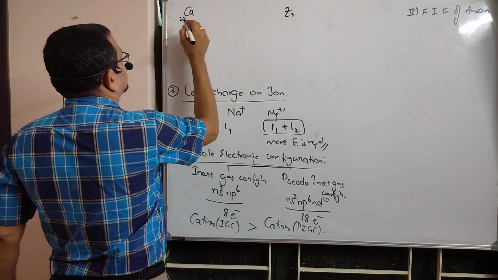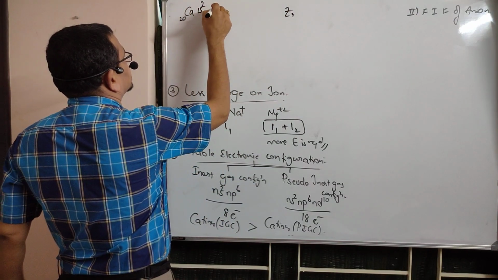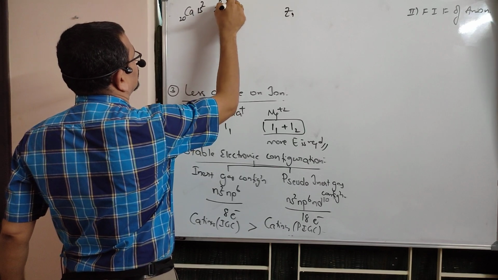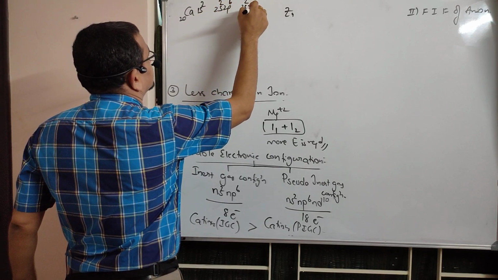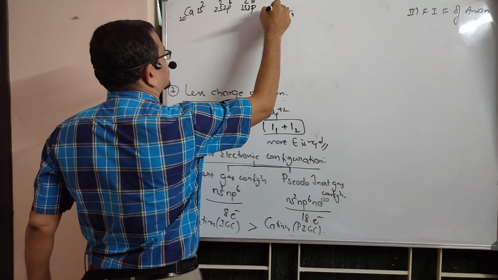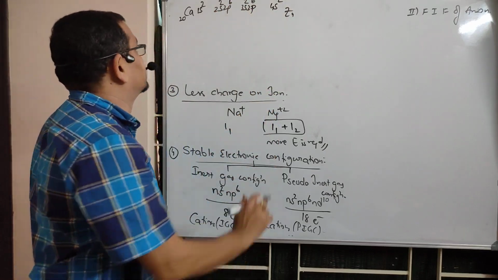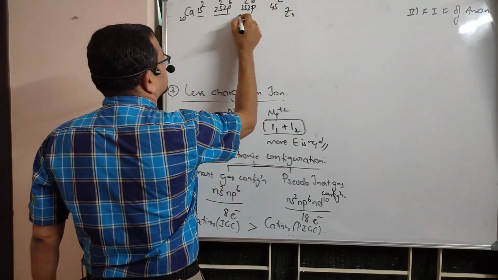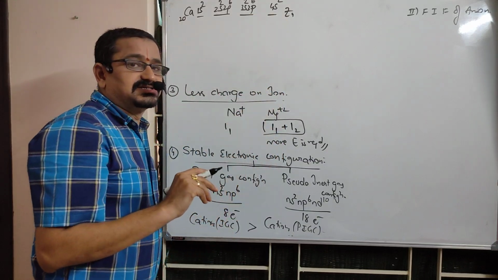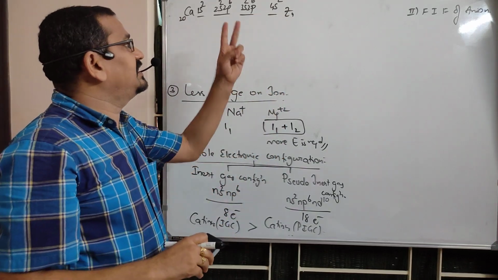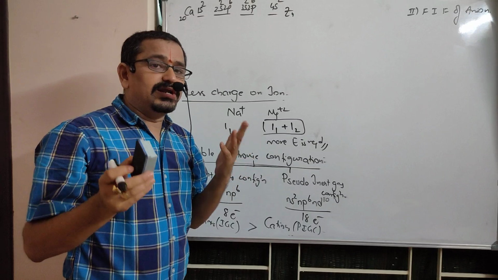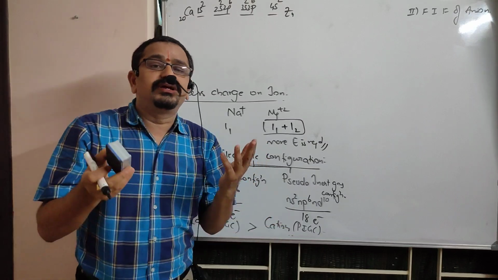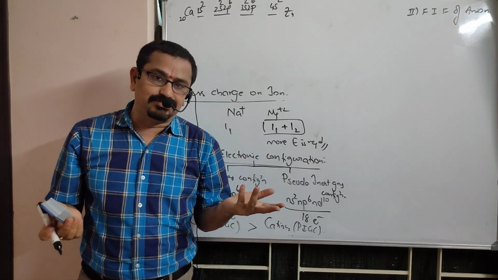Calcium has atomic number 20. Its electronic configuration is 1s2, 2s2, 2p6, 3s2, 3p6, 4s2. First shell, second shell, third shell and fourth shell. The last shell has how many electrons? Only 2. To get an octet in the same shell, it needs to gain 6 electrons, which is quite impossible.